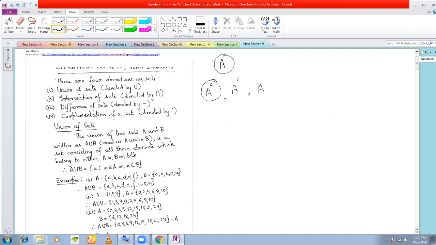This can also be written as A bar. All three symbols are used, so you can choose whichever is convenient for you. Mostly I use A dashed.